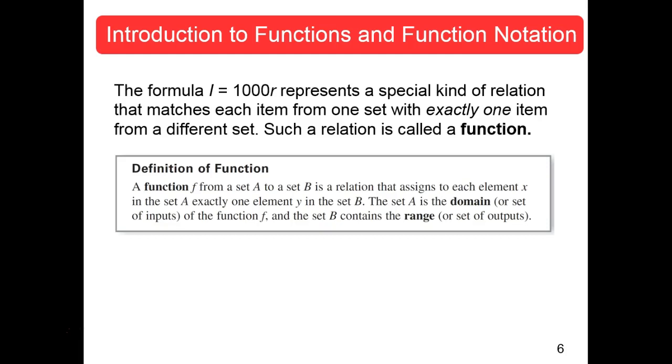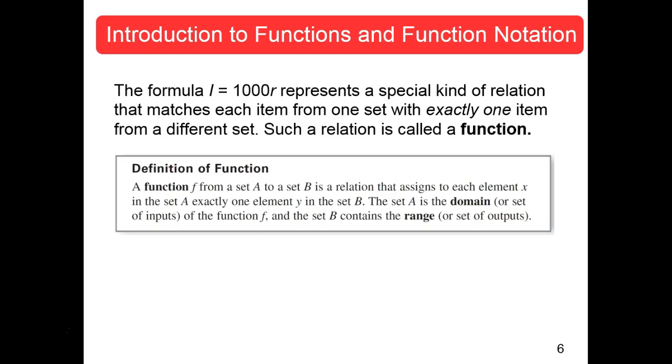So here's your definition. A function from set A, that's your input set, that would be the interest rate here, the item that you're buying, to set B, that would be the interest earned, the amount you pay, whatever that is, is a relation that assigns to each element X in set A exactly one element Y in set B. The set A is called the domain of the function.